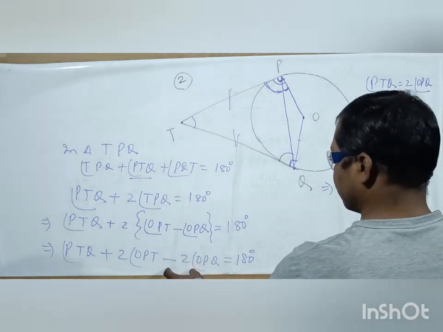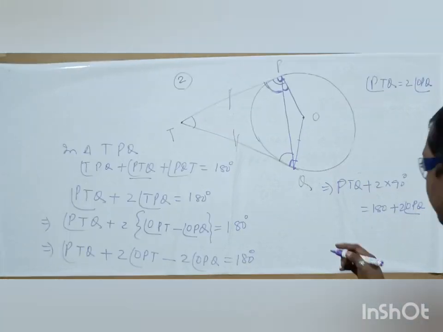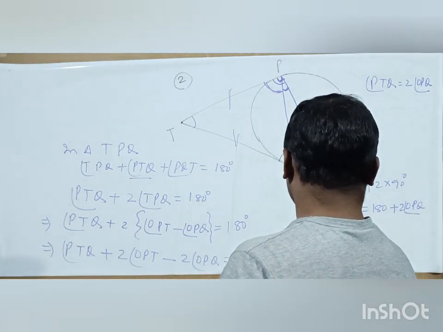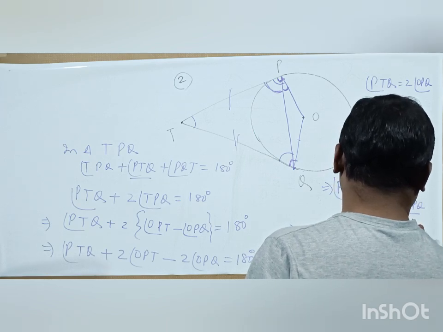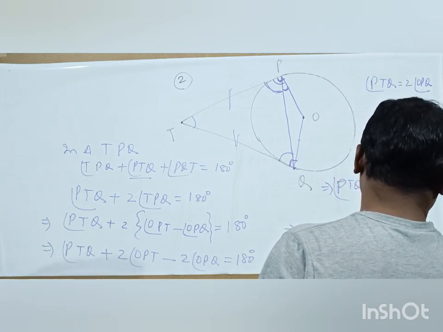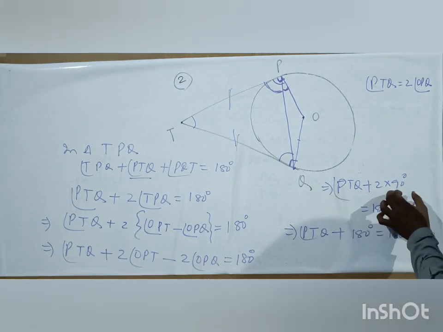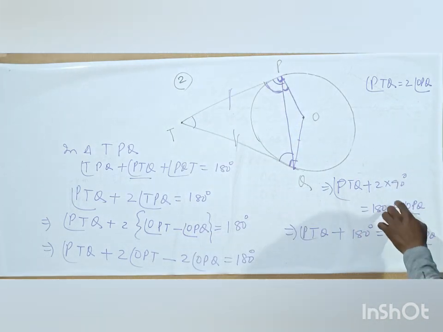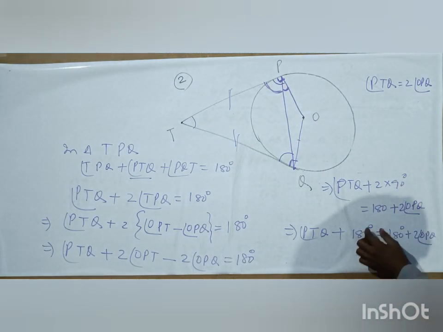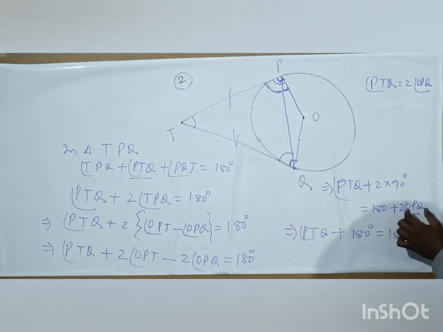I have taken this minus 2 OPQ to this side, so it becomes plus 2 OPQ. Now PTQ plus 180 degrees equals 180 degrees plus 2 OPQ. I am explaining this line: PTQ plus 2 into 90 degrees, since OPT is 90 degrees by 10.1, gives 180 degrees. 180 is already on the RHS.